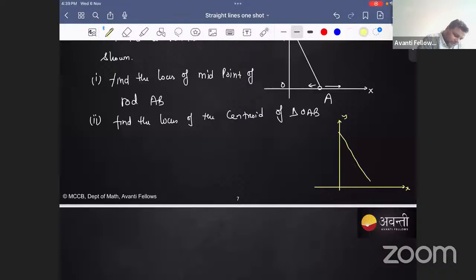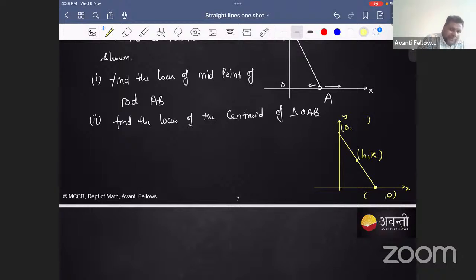Say this is the rod. Now, first of all, the point whose locus is to be identified, take that point as (h, k). Got it? Now, definitely this point, y coordinate will be 0, x coordinate we are yet to find. Here, x coordinate is 0, y coordinate we will find.